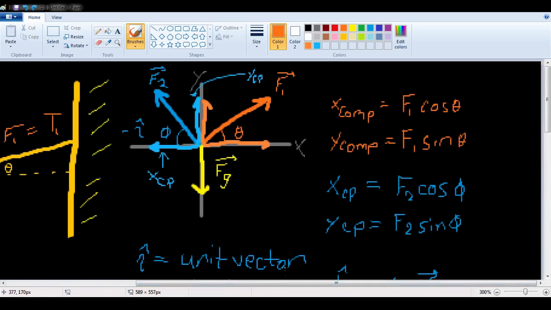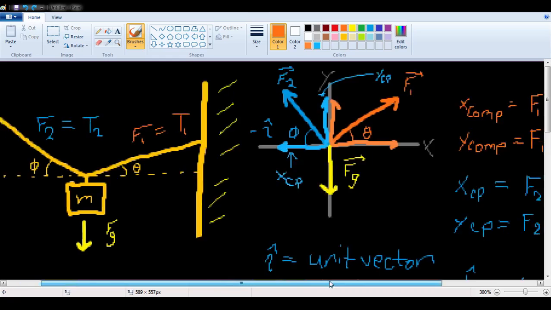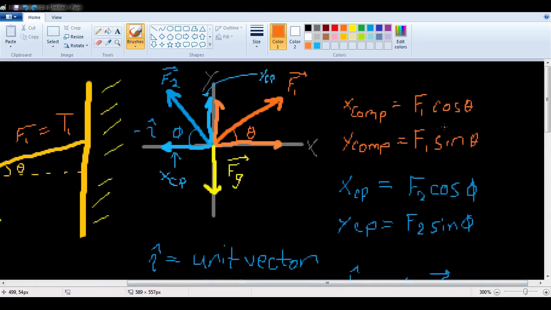Well, we need to be able to find the components of the vector F1, because we know that if we move our component over here, we can form a right triangle, which is where we get this stuff from. In this right triangle, this would be x comp, and this would be y comp.